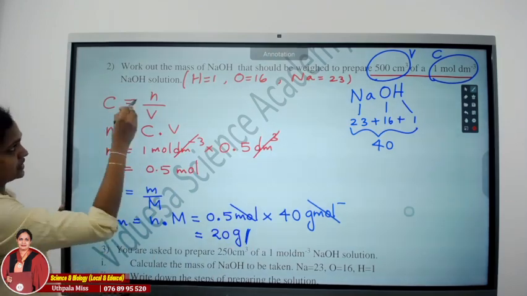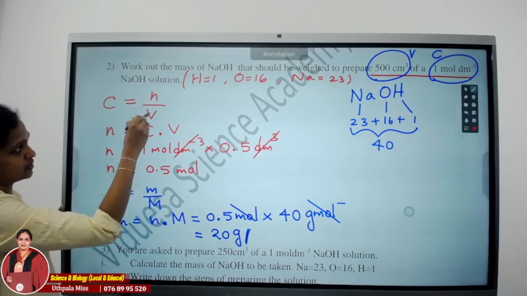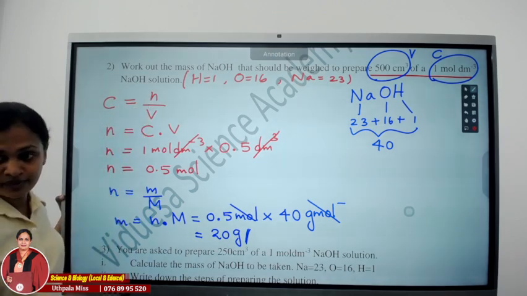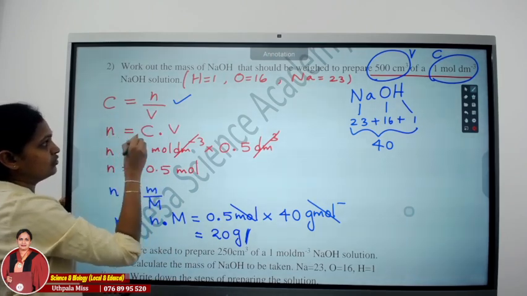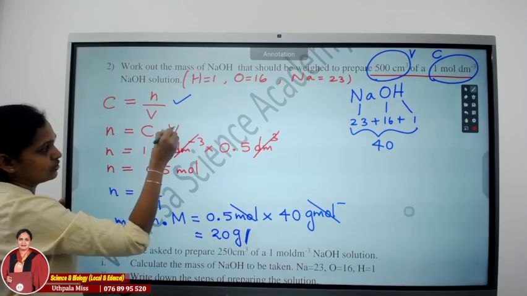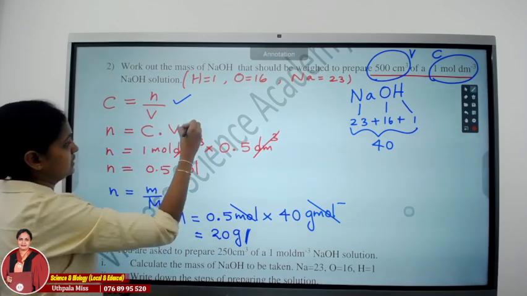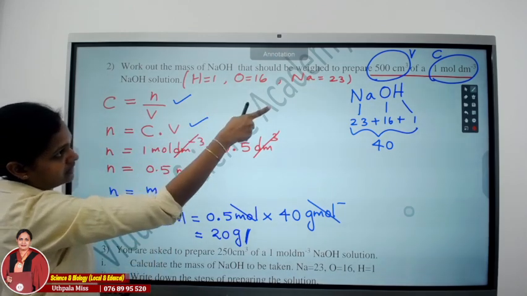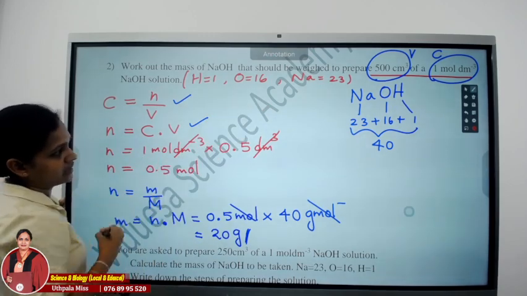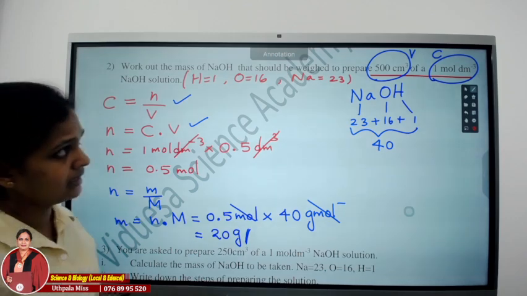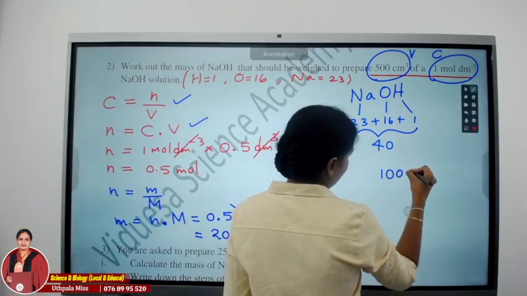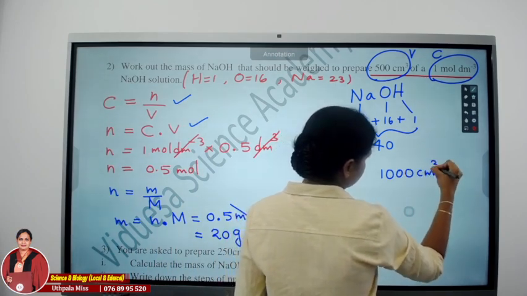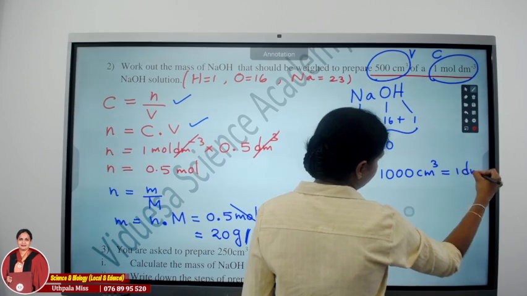The concentration equals number of moles divided by the volume, right? From that you can calculate the number of moles: concentration into volume. The concentration is given as 1 mole per cubic decimeter. 1000 cubic centimeters is equal to 1 cubic decimeter.